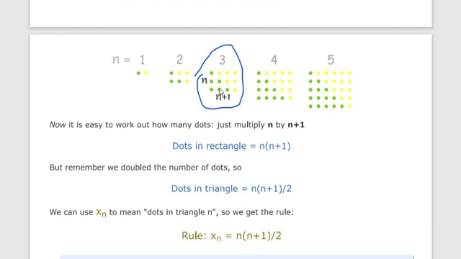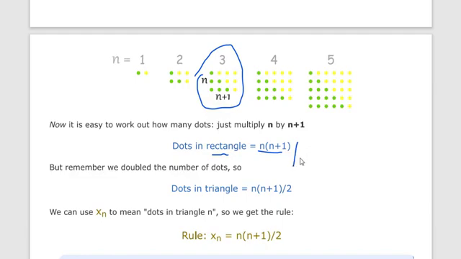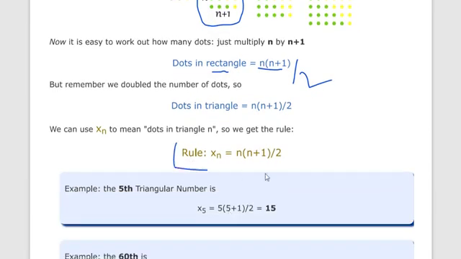Now if we want to find out how many dots, we can easily count the rectangle area. So dots in the rectangle means n times (n plus 1), the multiplication of rows and columns. But first we doubled the number of dots, so we have to divide by 2. So we have the rule of the triangle sequence: xn is equal to n times (n plus 1) divided by 2.